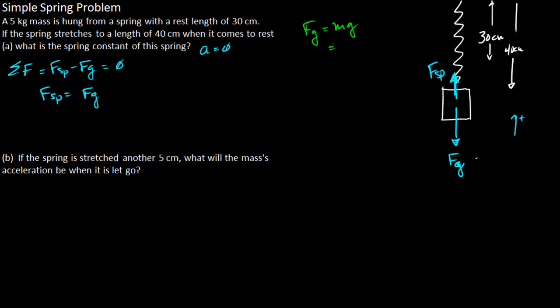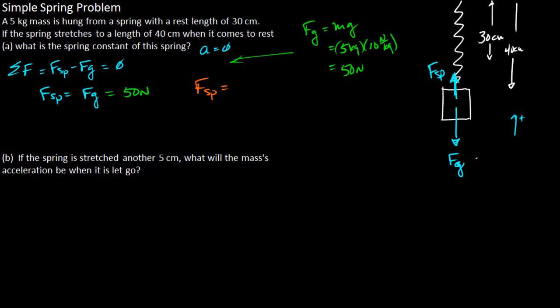In this case, our m is 5 kilograms, and we'll assume on Earth with a gravitational constant of 10 newtons per kilogram, which gives this thing a weight of 50 newtons. Which tells us that if we use this with our Newton's law equation, both of these forces must be 50 newtons.